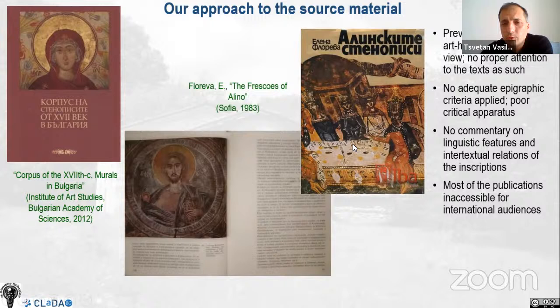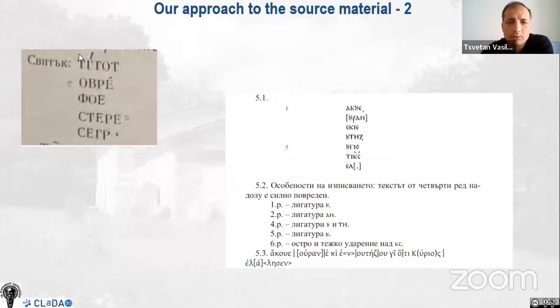And these are also older publications from the 80s. For instance, the frescoes of Alino, written by Elina Boeva. Here on the left, you can see how art historians are editing inscriptions, and this is our way on the right, with much more detail and orthography features.